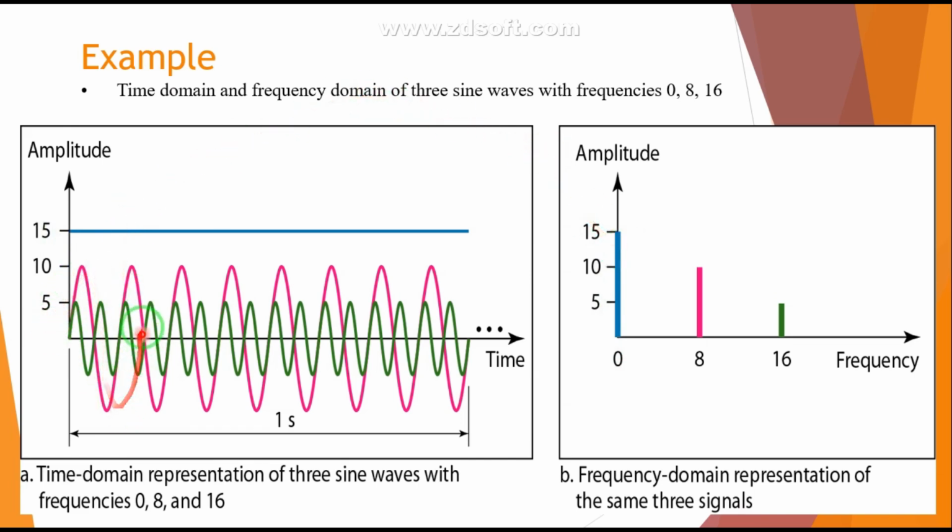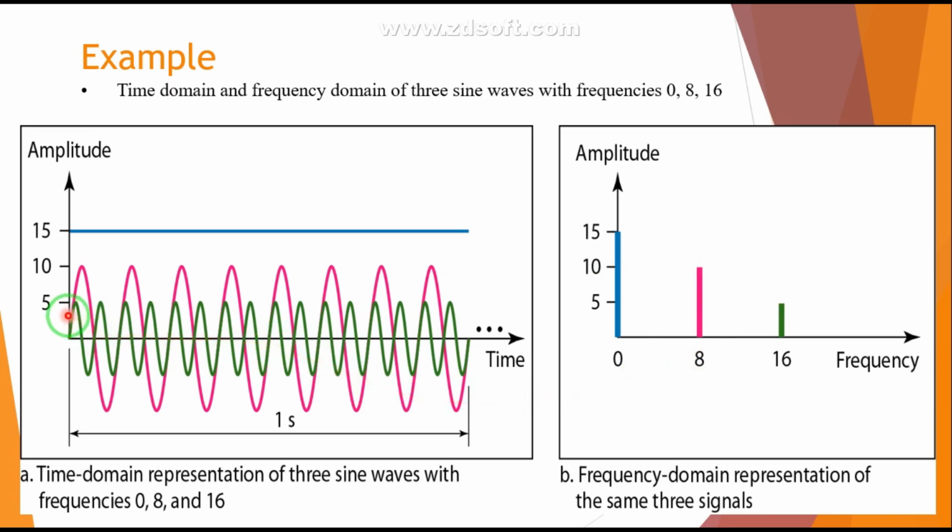Similarly, the sinusoidal wave shown in pink has a total of 8 cycles in 1 second. So the frequency is what? 8 hertz. But the amplitude is decreased, that is 10 volt. You can see the frequency domain plot tells you the peak amplitude 10 volt at a frequency of 8.